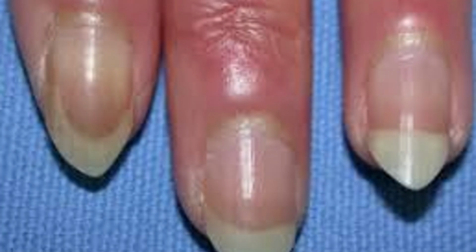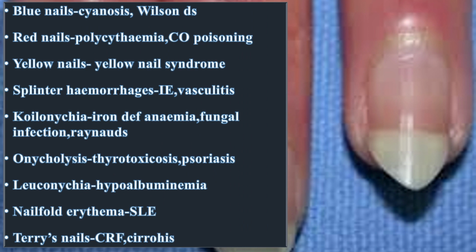And this is the table showing different characteristic features of the nails indicating different abnormalities, like we may have the blue nails, the red nails, the yellow nails, we may have the splinter hemorrhages on the nails, clubbing, onycholysis, leuconychia, nail fold erythema, and Terry's nail.